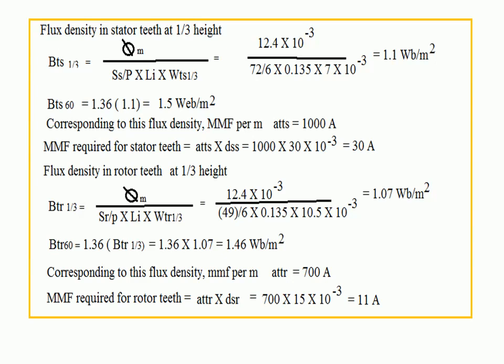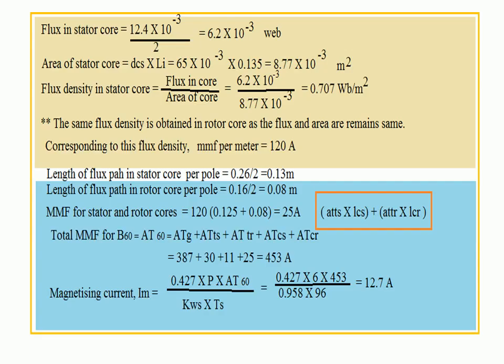Corresponding to this flux density, you select the value from the table, ATTR 700 AT per meter. Hence the total MMF required for the rotor teeth equals ATTR times DSR. DSR is the depth of rotor slot, in millimeters, convert into meters.